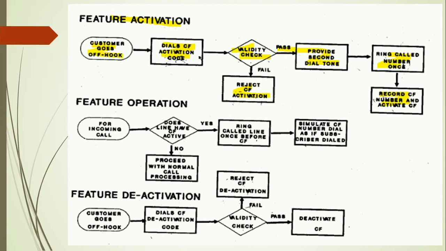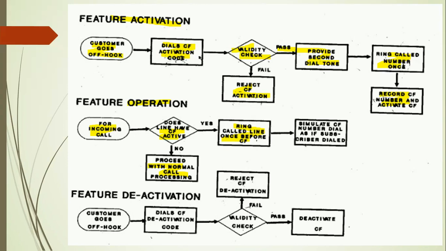Then after activation, how the function works for call forwarding means it is under operation. For incoming, of course, you are trying only for an incoming call. Does the line have activation? That means, in your phone do you have the call forwarding feature? If no, proceed with a normal call. That means it will be connected to the same phone number. If you have the call forwarding feature, ring the called line once before.